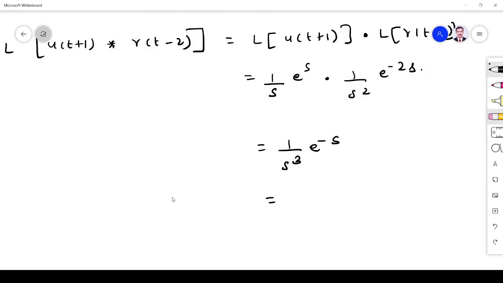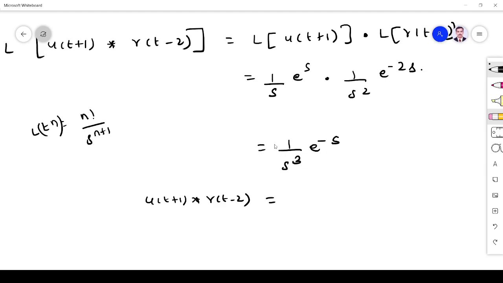If I take the inverse Laplace of these, I will get the original u(t+1) star r(t-2). So for this I take the inverse Laplace transform. We know that the Laplace transform of t to the n is n factorial divided by s to the power n plus 1.